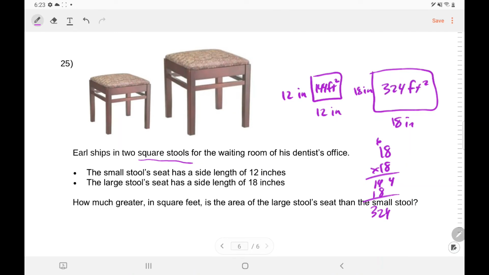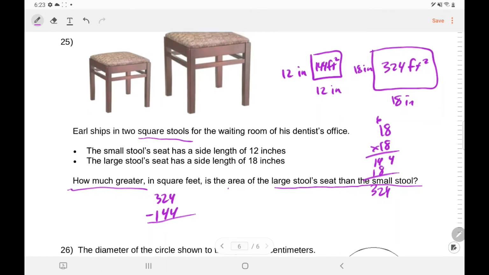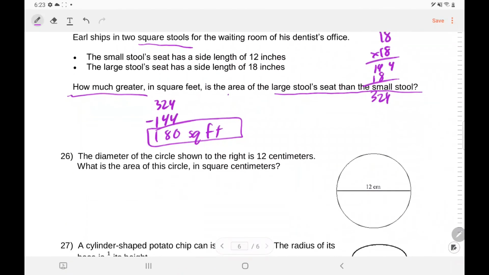So now we do 324 minus 144 to figure out how much greater in square feet the area of the large stool is than the small stool. So 324 minus 144, that gives us 180 square feet. The large stool is bigger than the small stool by 180 square feet.